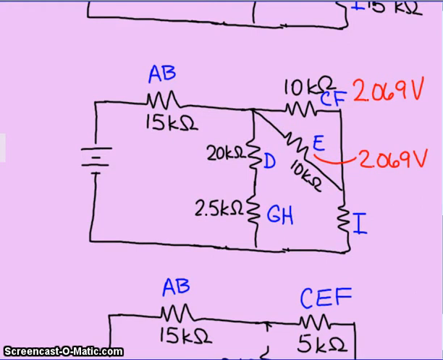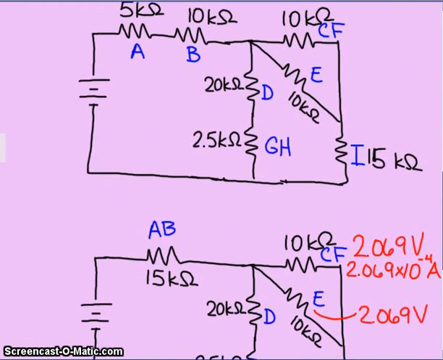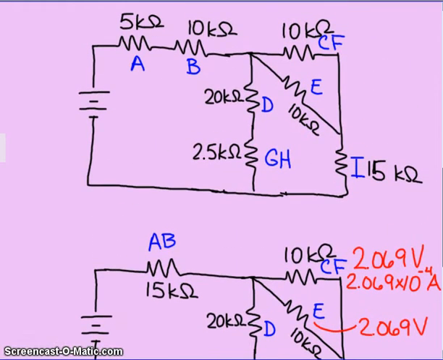I need to know the current through CF. And since CF and E have the same resistance, the current through CF will also be 2.069 times 10 to the negative fourth amps. Moving up a picture, you'll see that A and B are now separate.